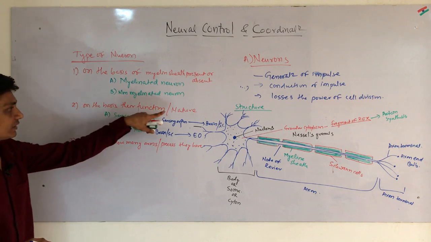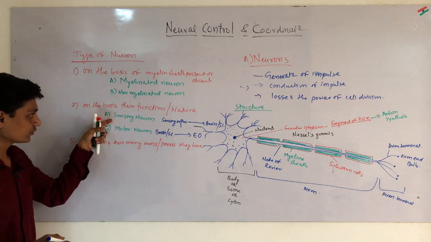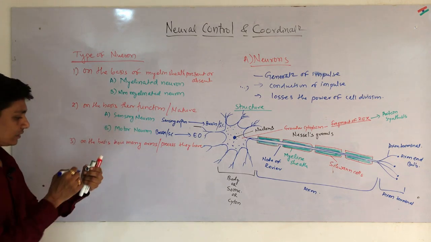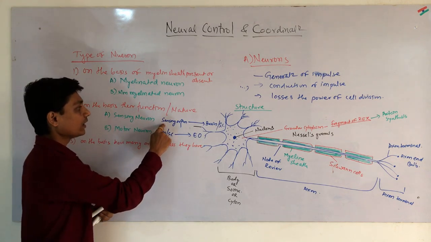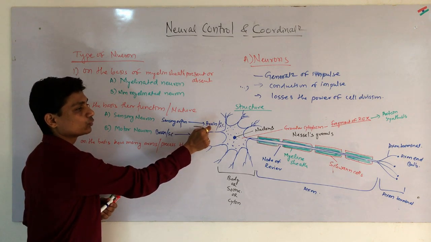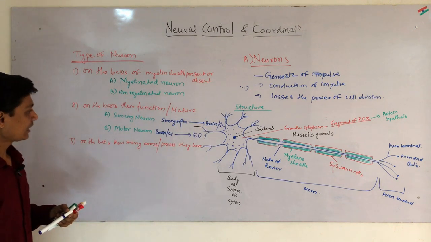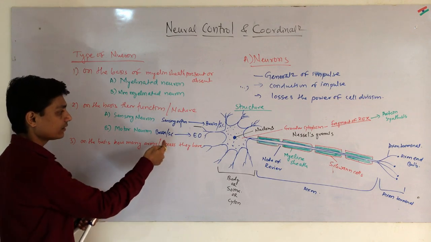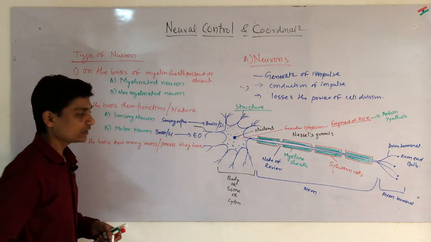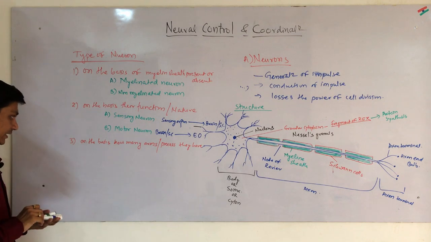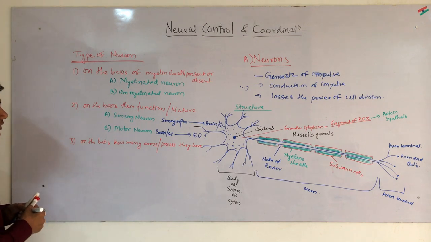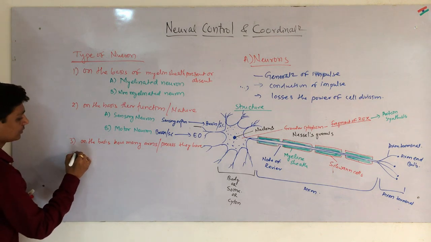On the basis of their function, there are two types. First one is a sensory neuron, second one is a motor neuron. Sensory neuron carries the impulses from sensory organ towards brain or spinal cord, and motor neuron carries the impulses from brain or spinal cord toward the effector organ. And on the basis of how many arms or processes they have, they are of three types.